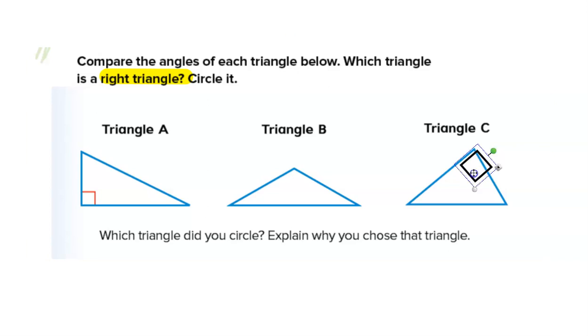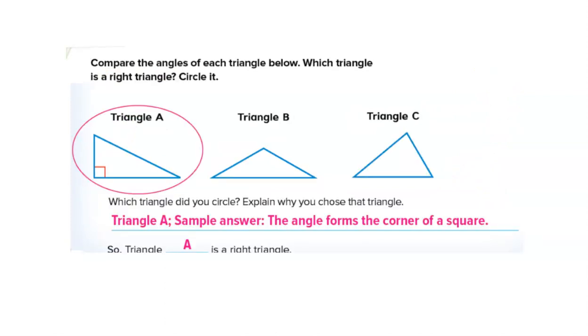And this angle is just a little bit smaller than a right angle, but it is pretty darn close. It's still not a right angle. So that means that triangle A is the triangle that is a right triangle because it has a right angle in it.